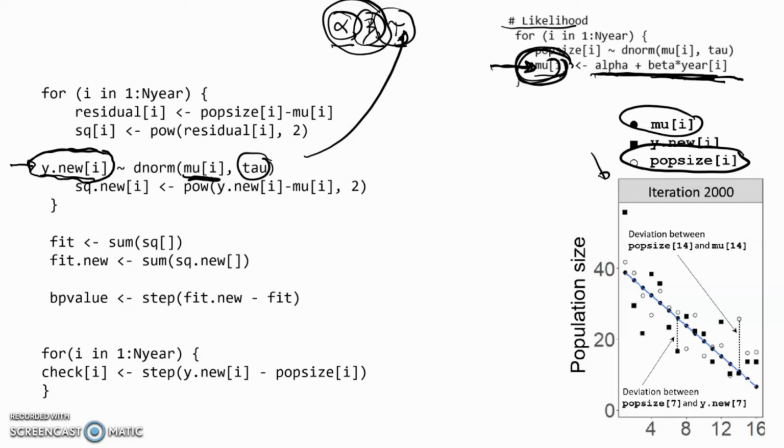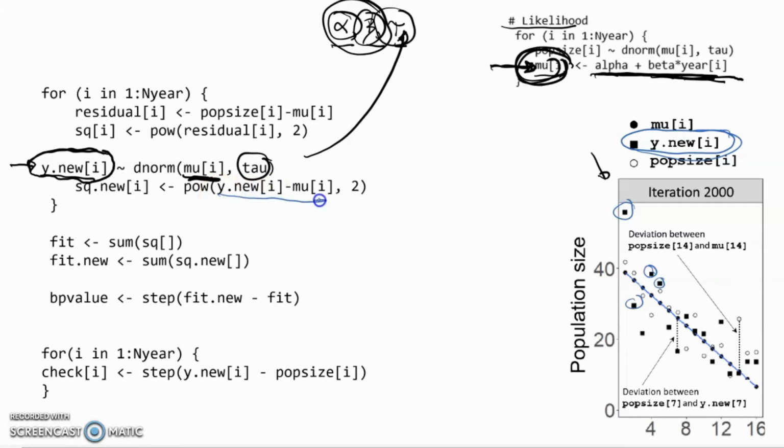So if we come down here and look at our plot, y nu I are these squares, these solid squares. And so each one of these solid squares is our y nu I. And then what we're going to do is take the difference between those y nu I values and mu I, and we're going to square them.